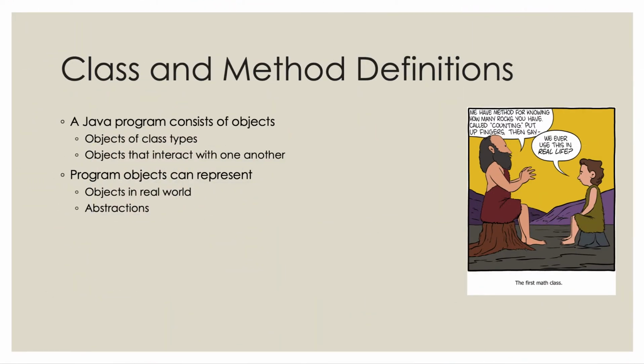Here we want to learn about classes and methods. A Java program consists of objects of various class types that are interacting with one another. Objects in a program can represent either objects in the real world, like automobiles, houses, students, employee records, or abstractions like colors, shapes, and words.